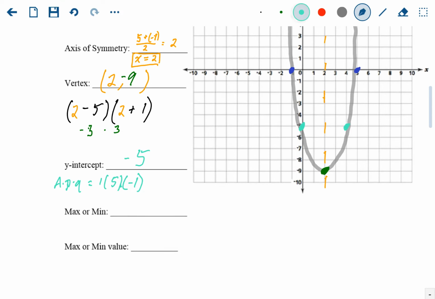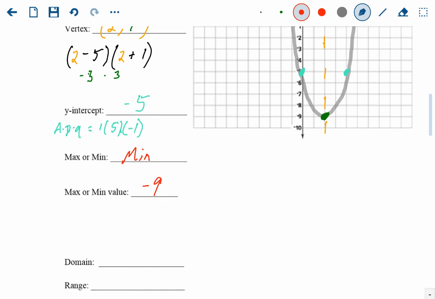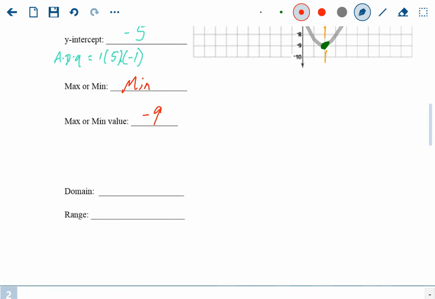Okay. There are still more questions here, so we'll keep answering. Min or max? It opens up, so it's automatically a min. And what's the min or max value? The min or max value is always the y value of the vertex, so it's -9. There are no points lower than -9, which leads us into the range.